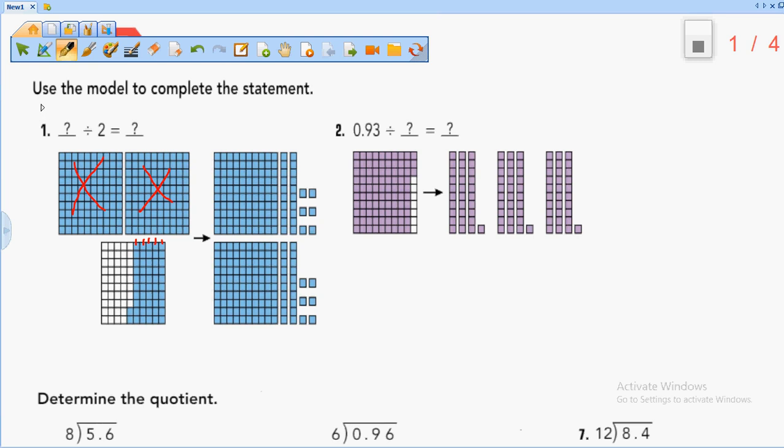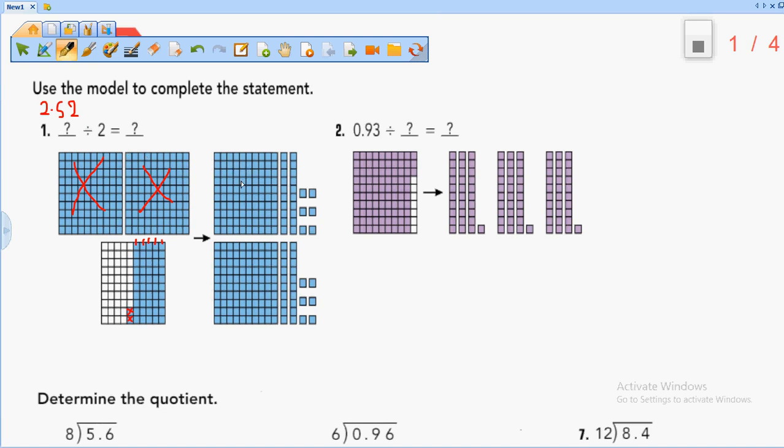I have two whole numbers, 5 in the tenths place, and I have 1, 2 in the hundredths place. So the number here was 2 and 52 hundredths divided by 2.